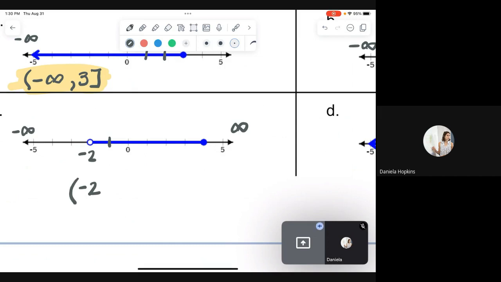Parenthesis, yes. It's not included. Up to, what's my maximum value? 4. Is it included? So it gets a bracket. How about that one? Any questions on that one? Okay.